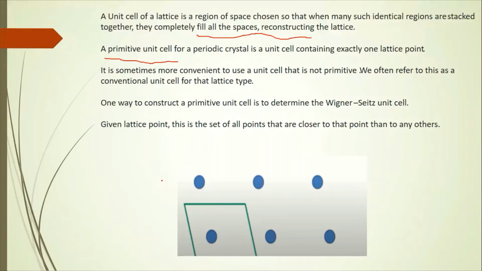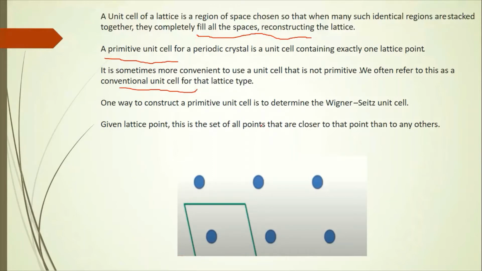Sometimes we can also use a conventional unit cell for the lattice type.